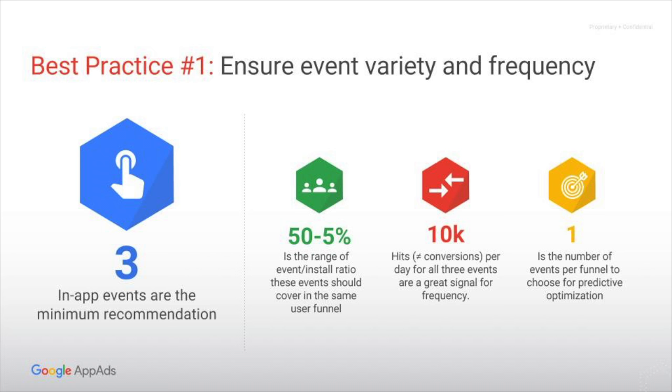And last, if you're reporting on multiple goals within your app, such as if you're a classifieds app and you are optimizing for users that are posting classifieds and also users that are contacting posts, I recommend just optimizing for one event each, because otherwise you can over-index on one or the other.